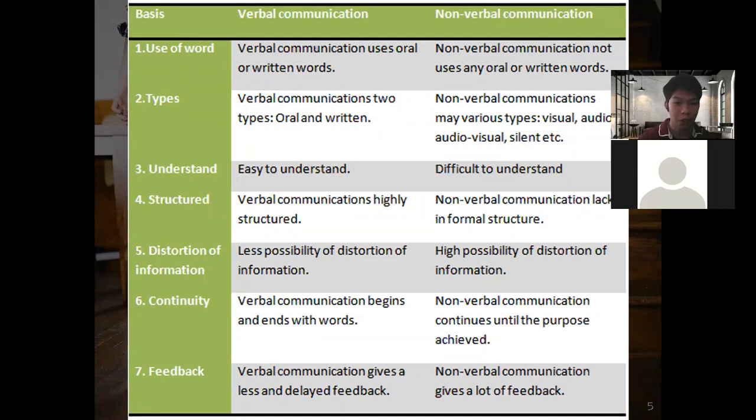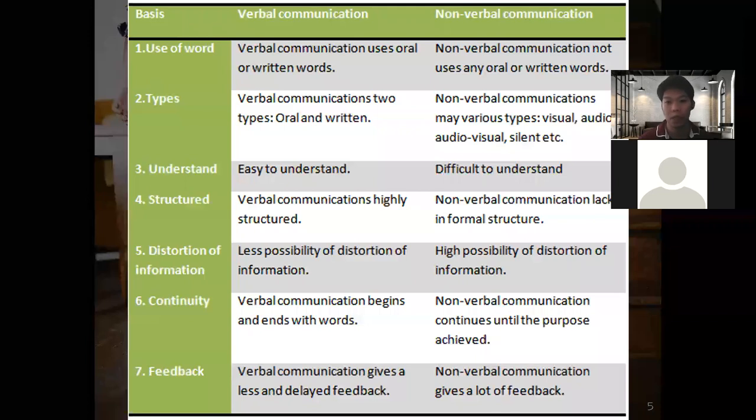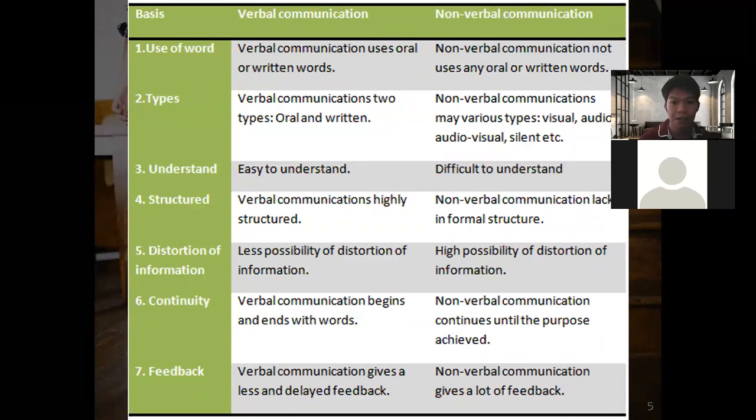In terms of structure, verbal communications are highly structured since there's a system that governs the rules by language that can be applied in verbal communication. While nonverbal communication lacks formal structures. What I have said, there's no linguistic system. That's why it's hard to decipher the meanings. It's hard to understand.